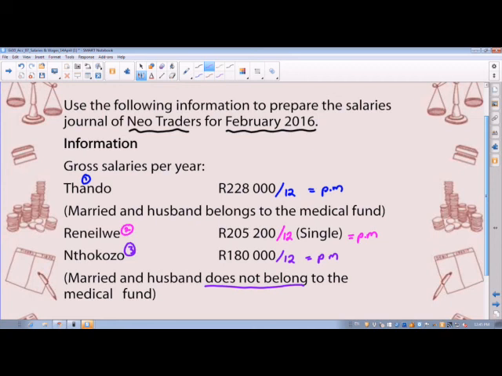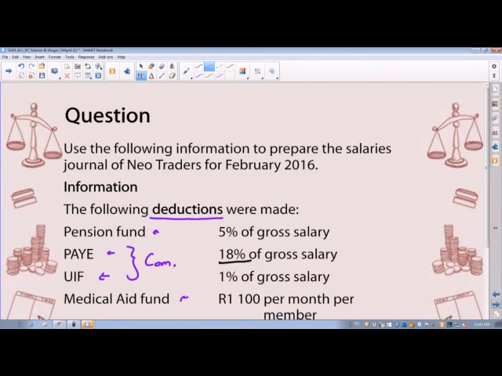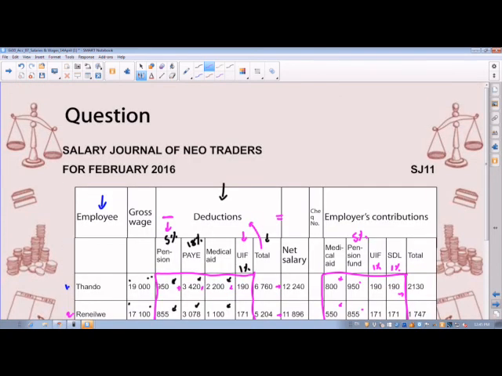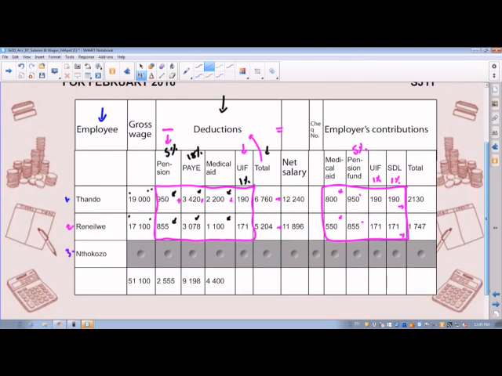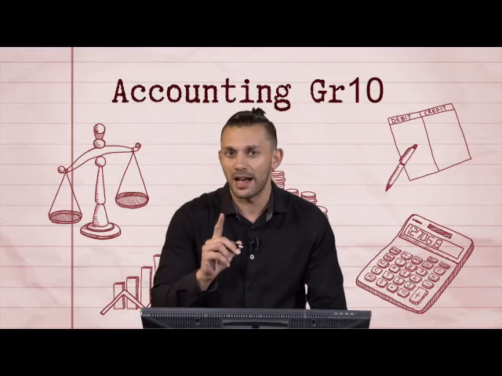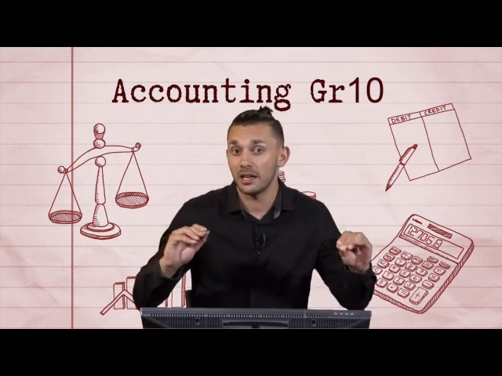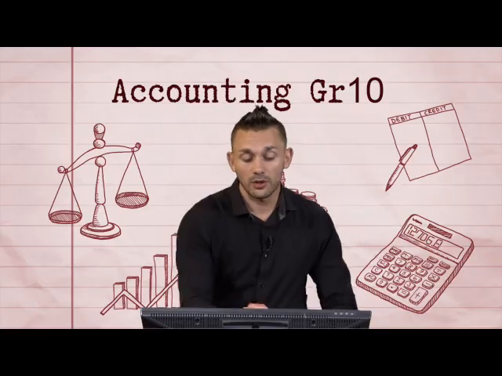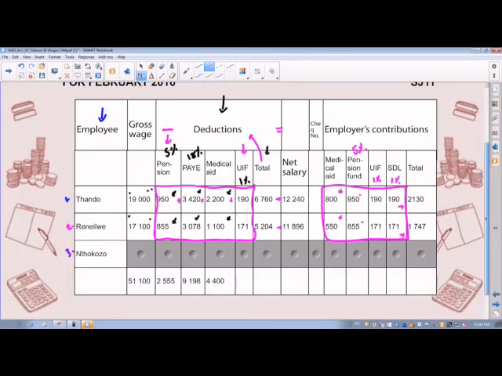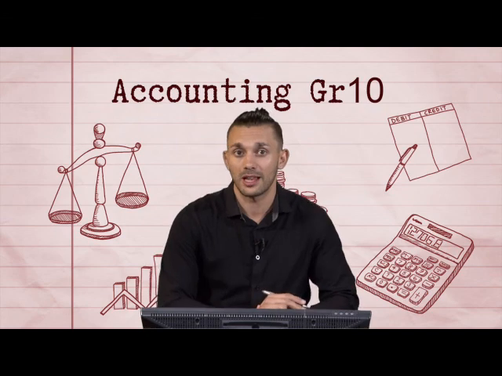She is married, but her husband does not belong to the medical aid. That's the key information that you need. The rest of the information I did show you on the salaries journal to make it easier to complete. So 1 minute to complete Ntokozo's line entry.